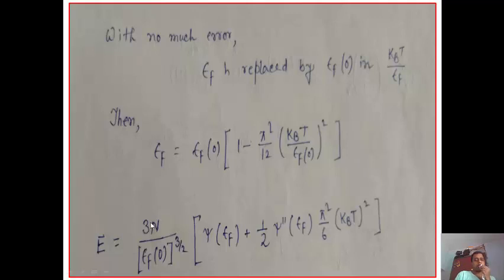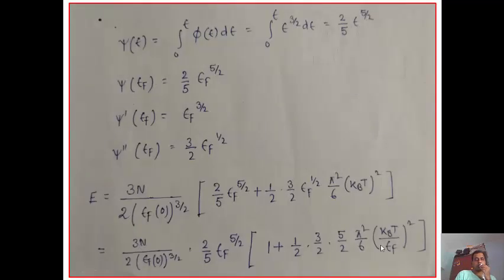And the total energy E equals 3n by epsilon f 0 to the power 3 by 2 into the integration, and putting the integration comes out like this. Here the epsilon is different, and putting all these values we get 3n by 2 epsilon f to the 3 by 2, 2 by 5 epsilon f to the 5 by 2, 1 plus this.